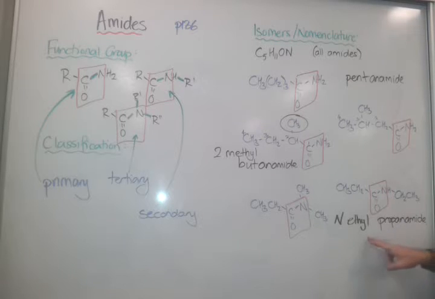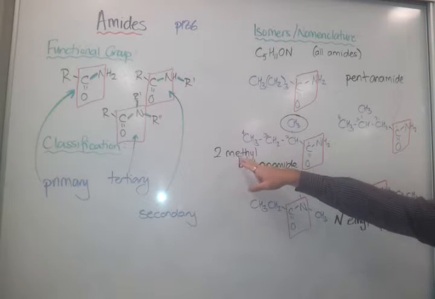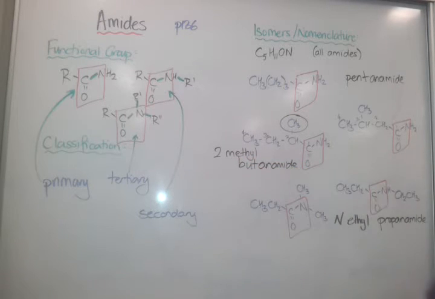So the ethyl group doesn't come off the prop part, it comes off the nitrogen part. Up here, of course, I don't need to write C-methyl for 2-methyl butanamide, I just say methyl. It's inferred that if you don't put the N there, that side chain comes off the main carbon chain. If I put the N, it says that it comes off the nitrogen in the amide. Just like we did with using the N's for naming our amines.